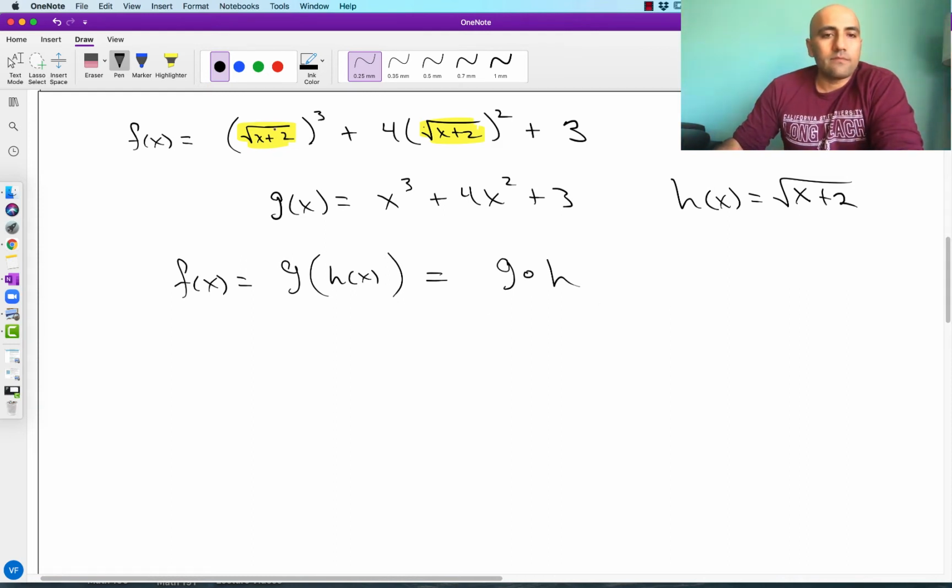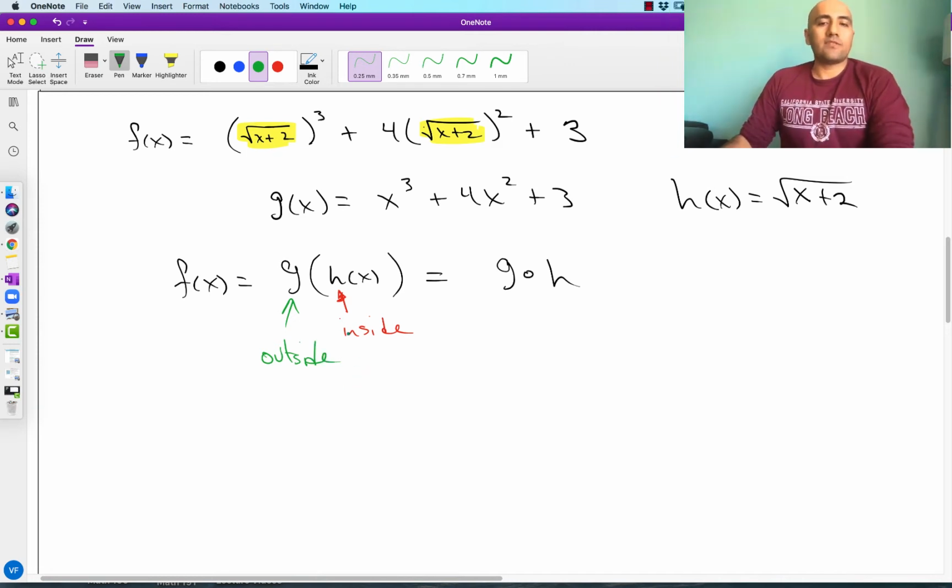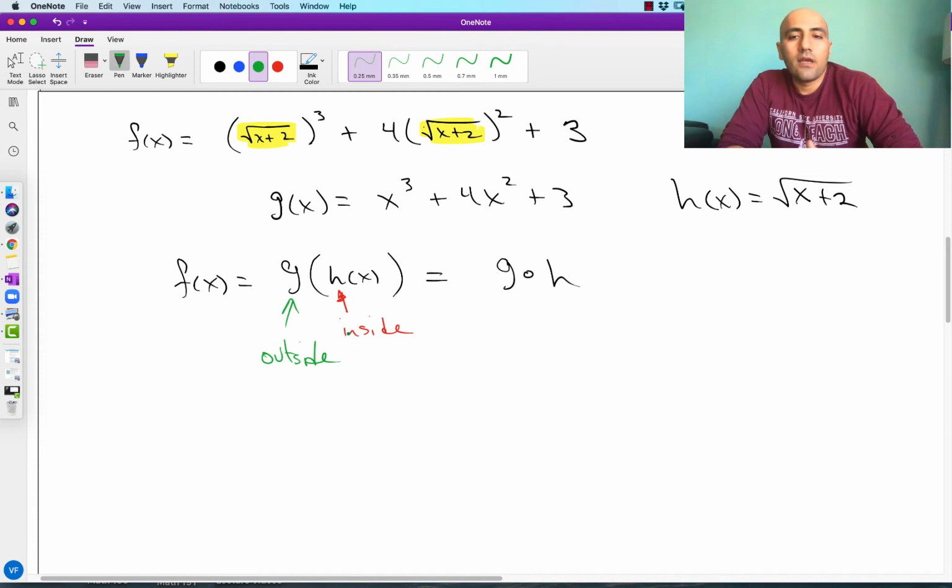Good. Again, we like to introduce this notation of thinking of h as the inside function and this one as the outside function. We want to be able to rewrite it this way and visualize it like this. It'll make this section go much smoother if you can think of it that way.